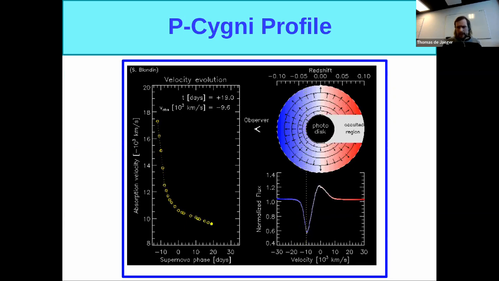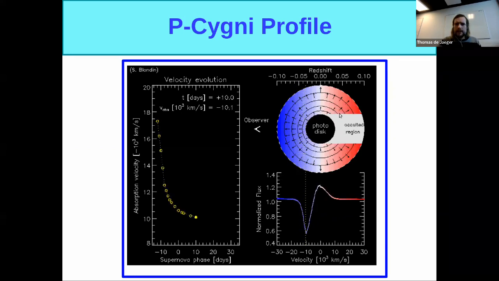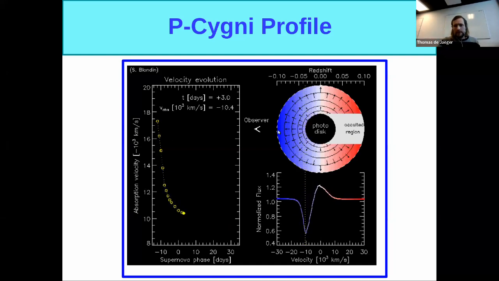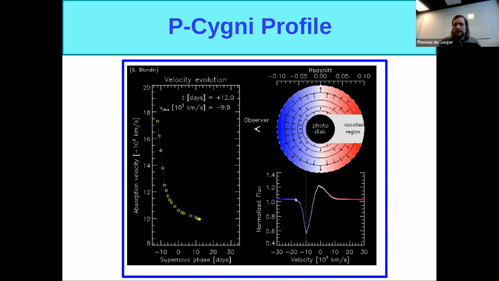But in a supernova spectrum, you can see a P Cygni profile in the line. Here you see an example. The observer is on the left. You have some gas between the observer and the photosphere, and because of that you will see an absorption. You see a P Cygni profile.